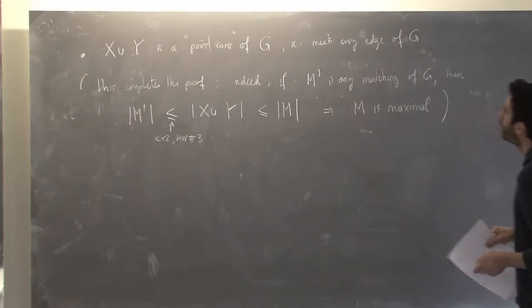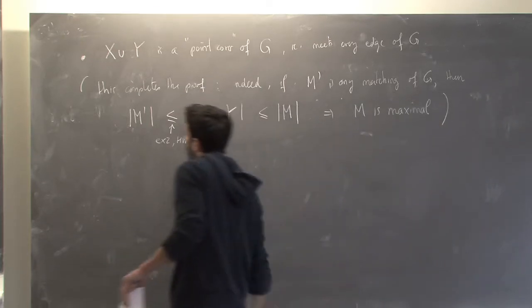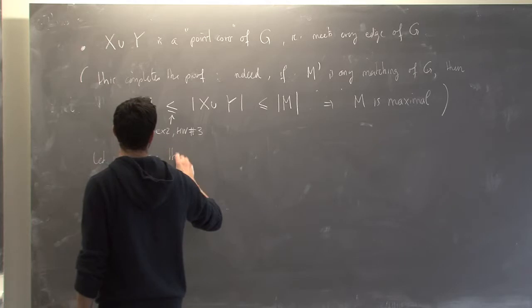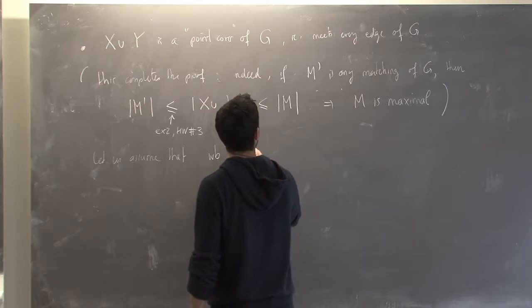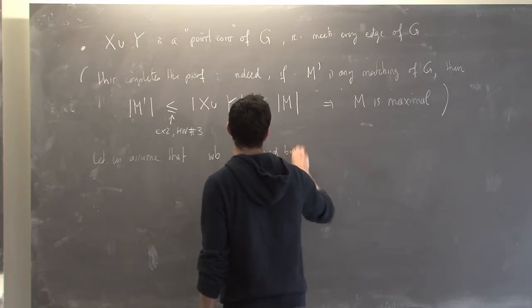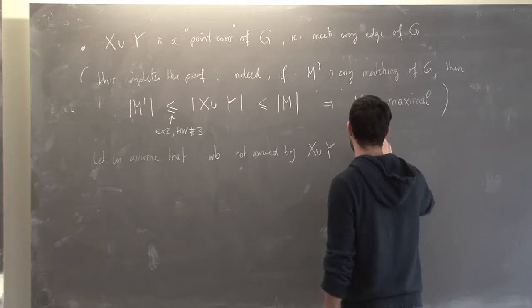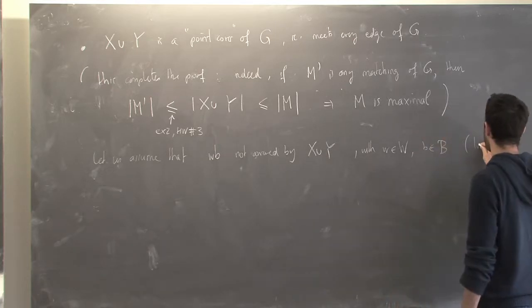So now we have to see that it's a point cover, so it meets every edge. Okay, so let's assume that we have some edge WB not covered by X union Y, with W being white and B being black, and we look for a contradiction.